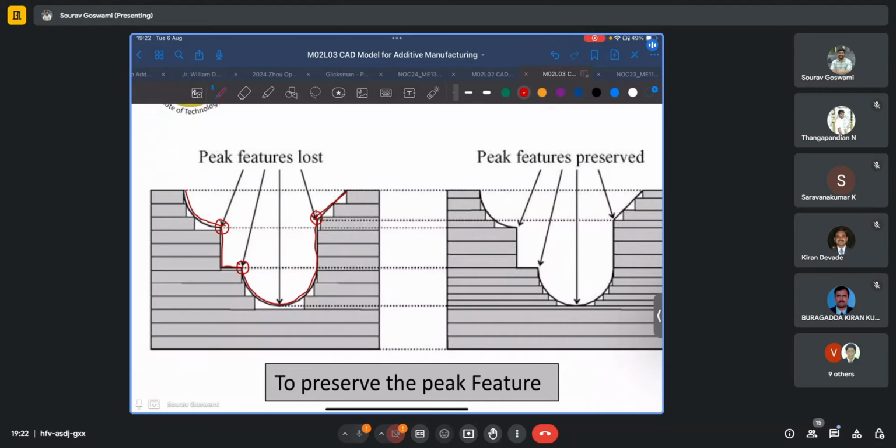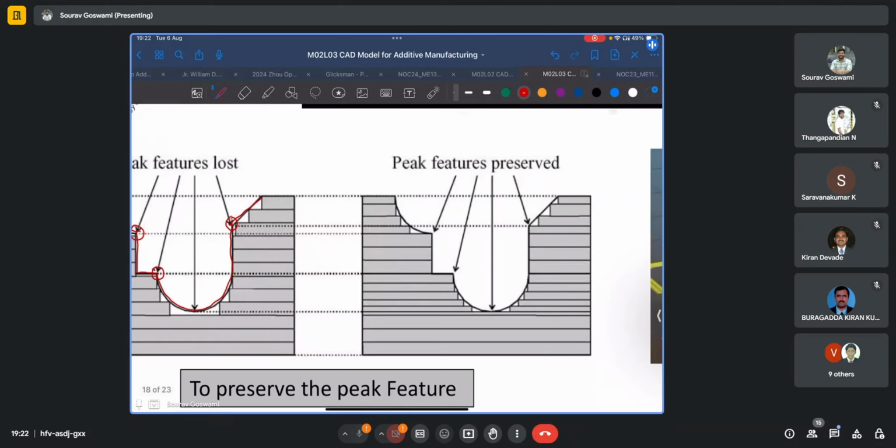But because of the choice of slicing height, they could not be preserved. Whereas if we use an adaptive slicing method, we are able to preserve these peak features.